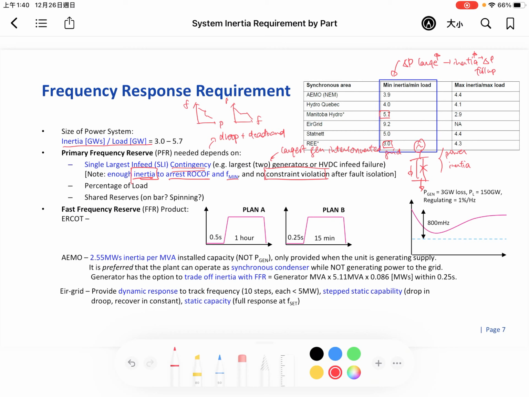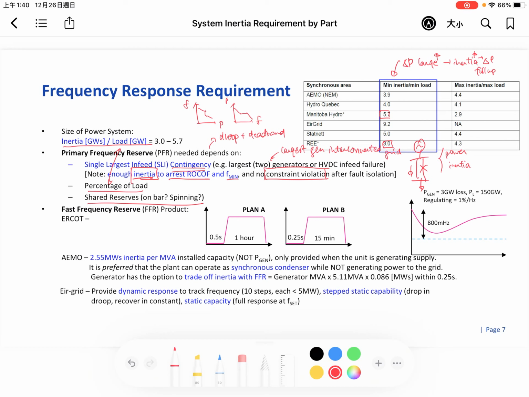The second one is about the percentage of load. It means how much load is on the grid, and if there is some kind of reserve that we need to share. In Hong Kong, we try to share with other utilities and also the utilities in the mainland, which is interconnected.